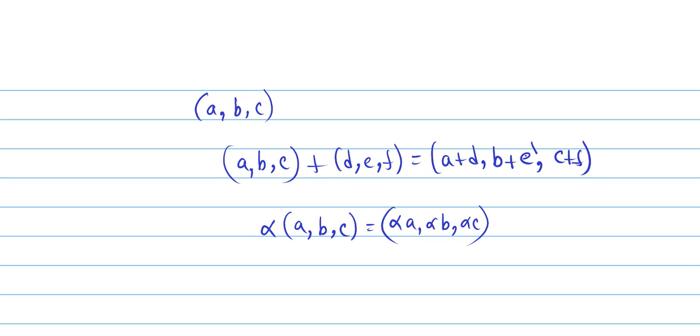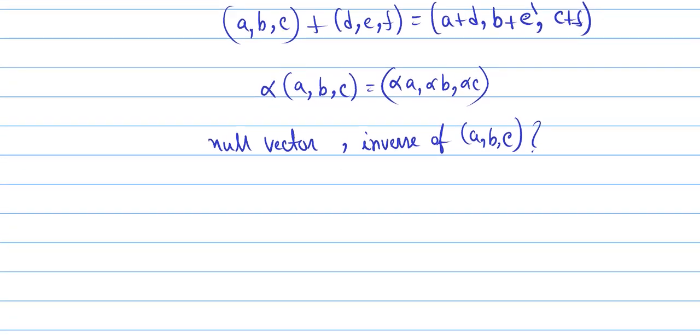So our question is, what is the null vector in this scenario, and the inverse of A, B, C? From our axioms, we know any vector plus the null vector must give us the vector back.